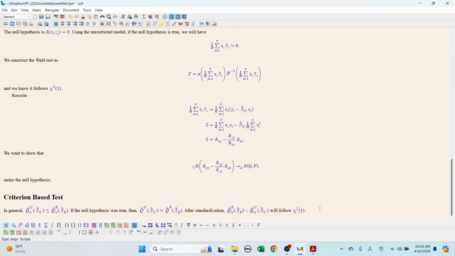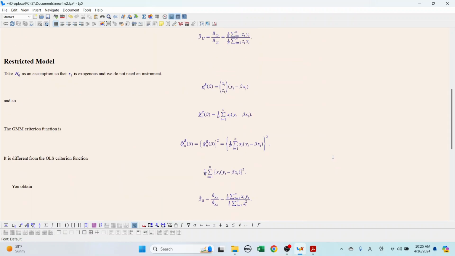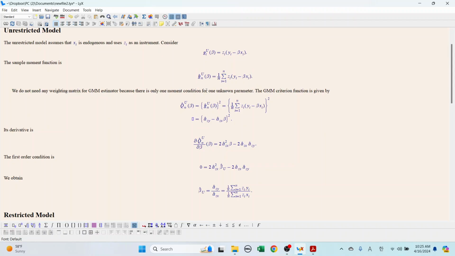So in our case, this is always 0, by definition, by construction, because there is only one equation which can be satisfied by one parameter.